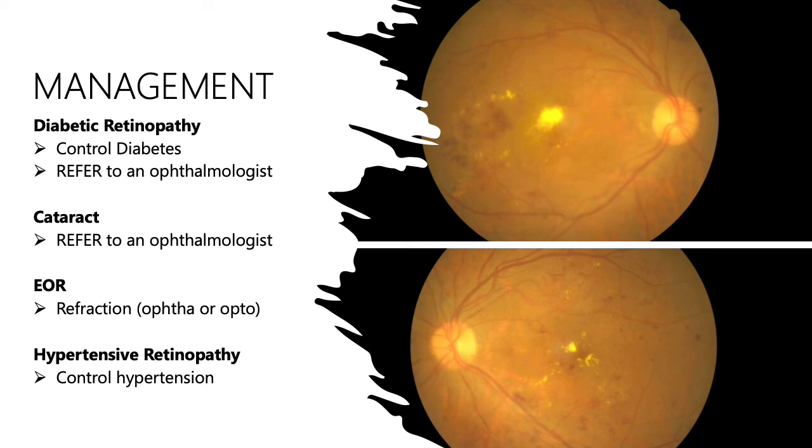This is more appealing to them rather than surgery, and it is more affordable. But you have to explain that it will bring just limited improvement in vision. It can only improve the vision up to a certain point, which is your pinhole vision. Okay? Finally, you have to monitor the patient's blood pressure and control it accordingly.